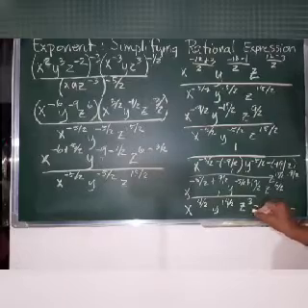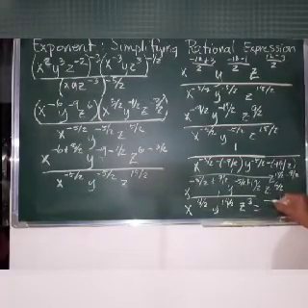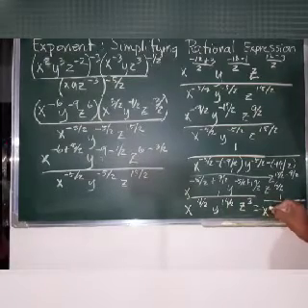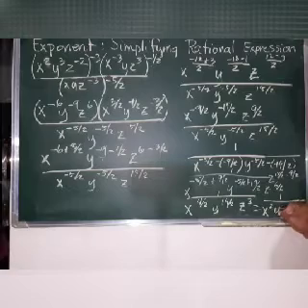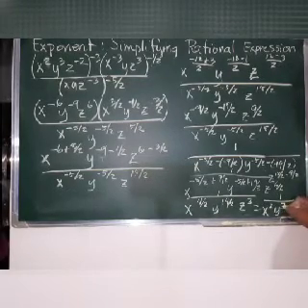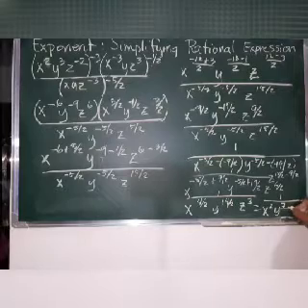Lowest term, meron tayong 1 all over x. Ang x natin, 4 divided by 2 ay 2. Y, 14 divided by 2 ay 7. And z, 3.